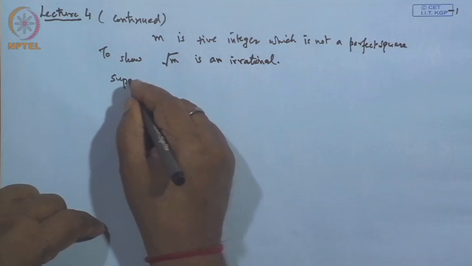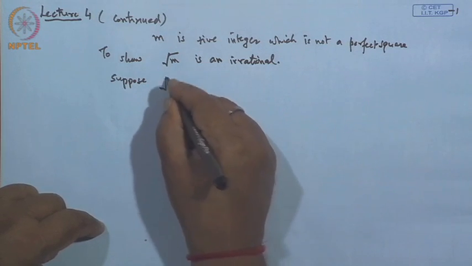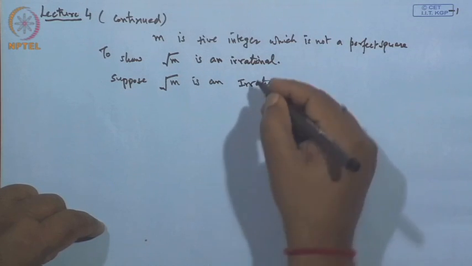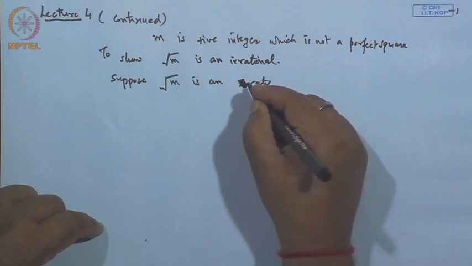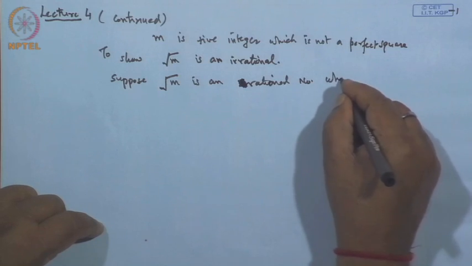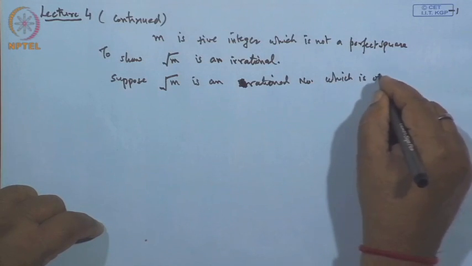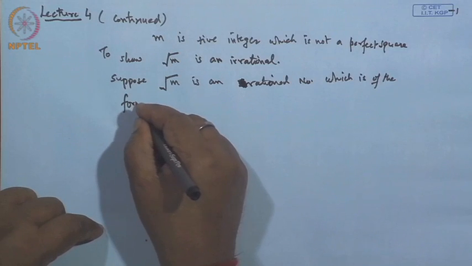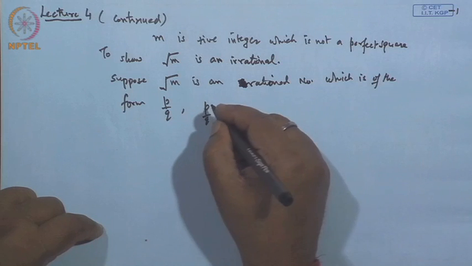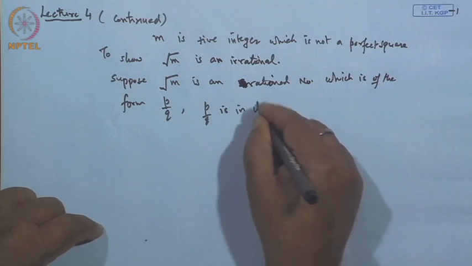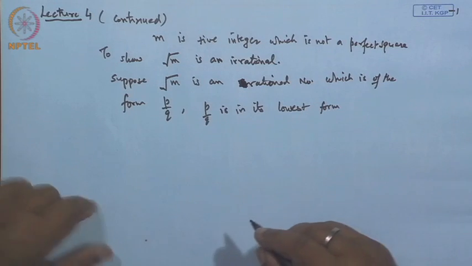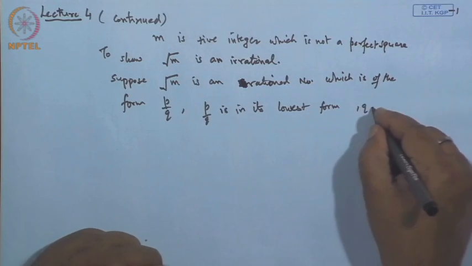Suppose the square root of m is a rational number, of the form, say, p by q, where p by q is in its lowest form and q is not equal to 0.